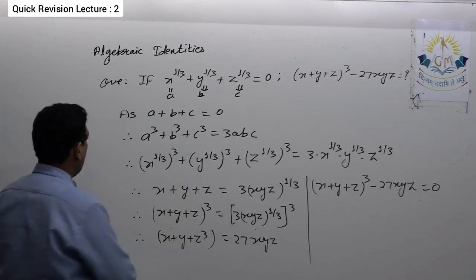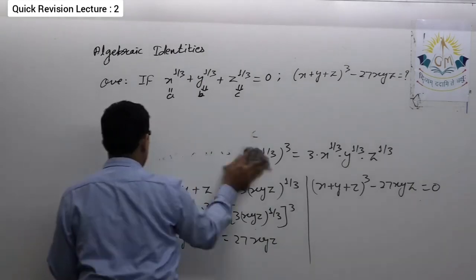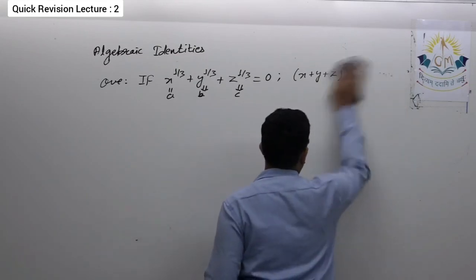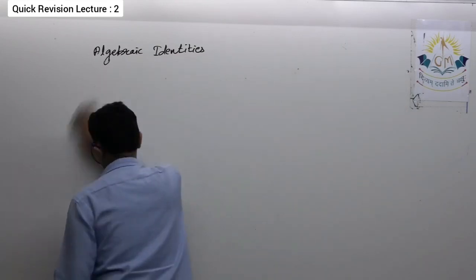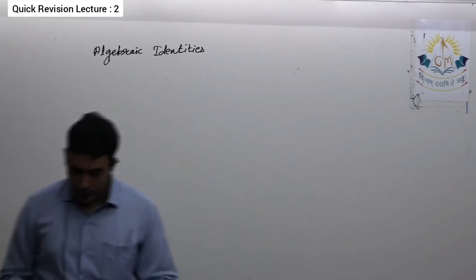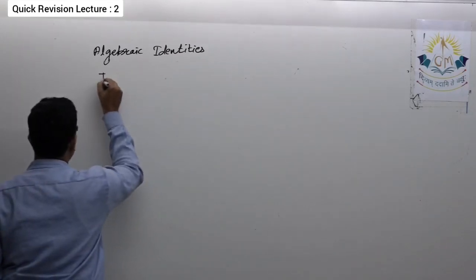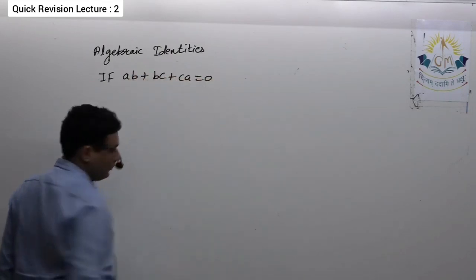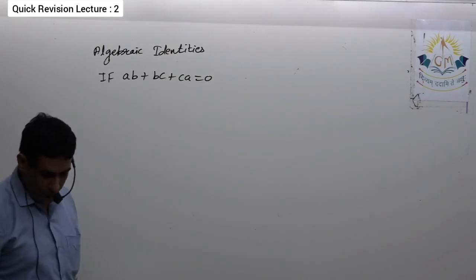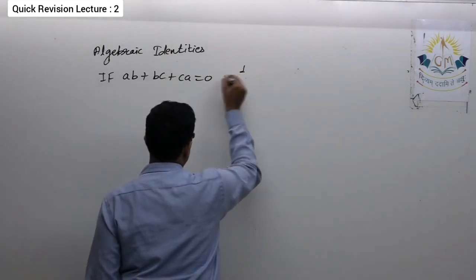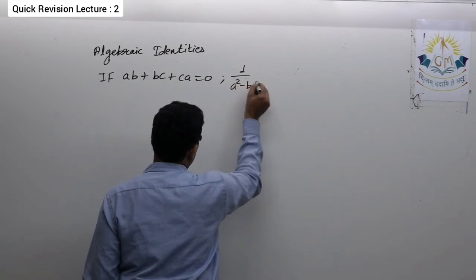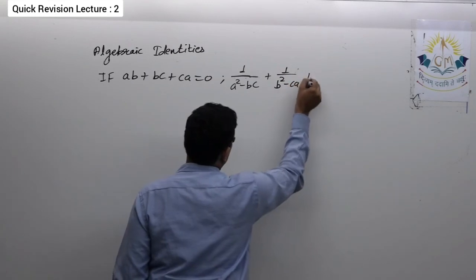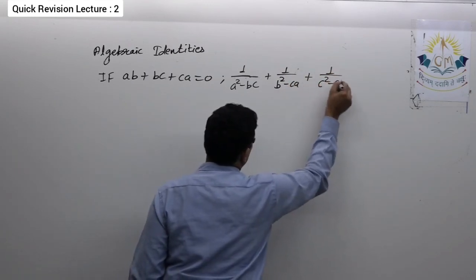Okay, now we'll see one more question. If AB plus BC plus CA is equal to 0, then find the value of 1 upon A square minus BC plus 1 upon B square minus CA plus 1 upon C square minus AB.